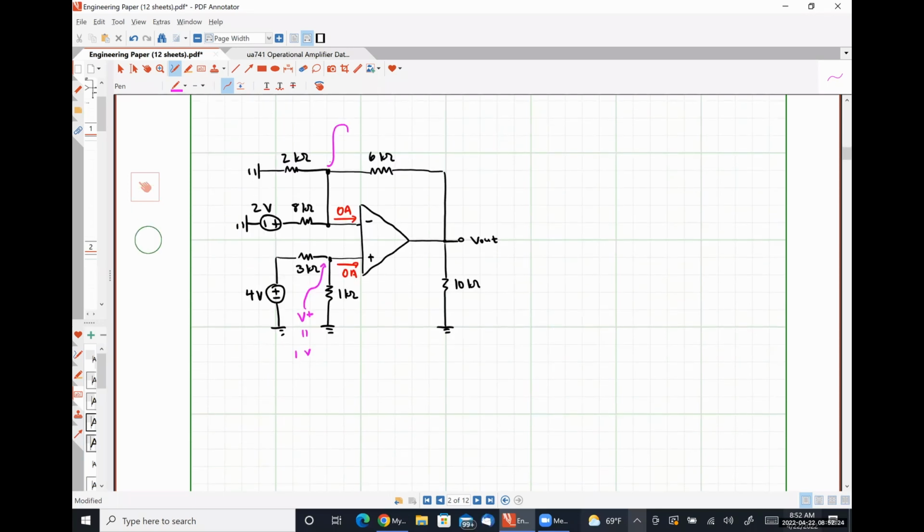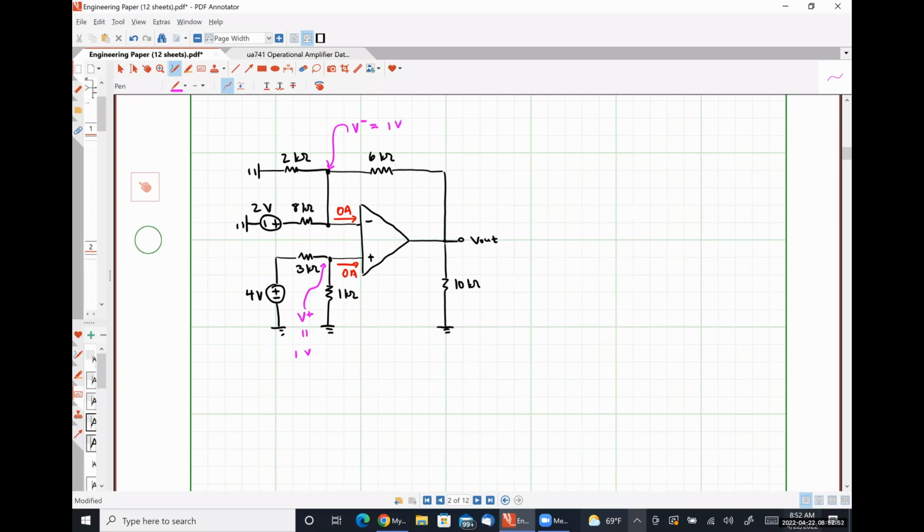So what is our voltage here at the inverting input terminal node? 1 volt. Op amp rule number 2 does not change depending on what other stuff we've got connected, as long as we have negative feedback, okay?